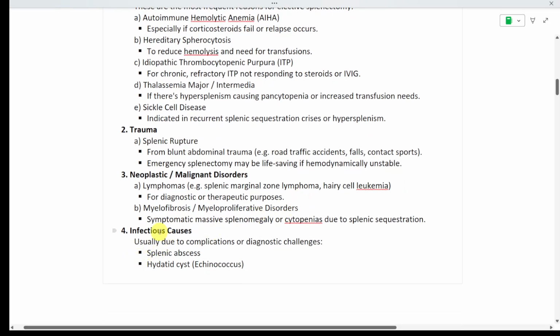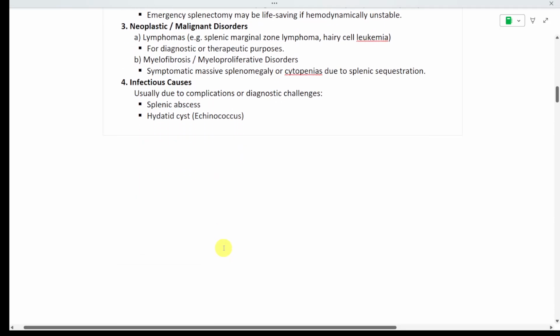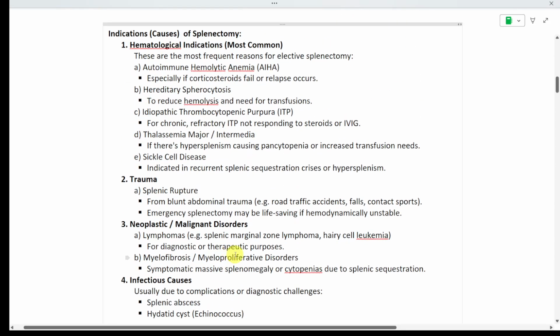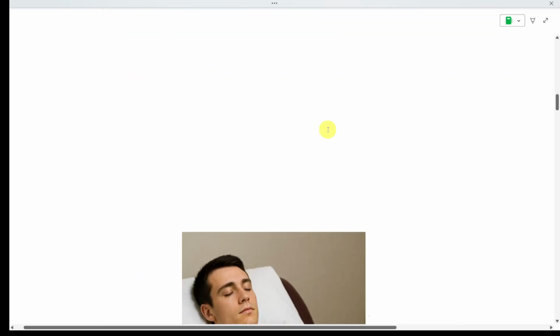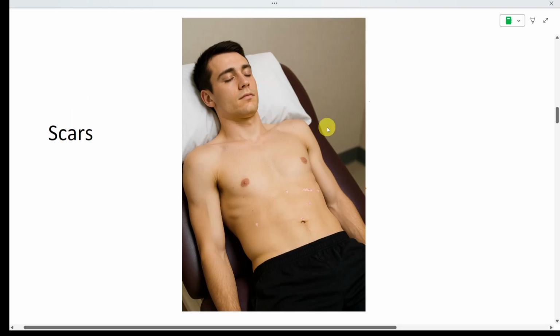And in rare cases it could be due to some infectious causes such as splenic abscesses as well as hydatid cysts. So just keep these causes in mind. If you do have all these causes in mind, you will know what to look for when you are doing the examination, and then we will proceed with our examination in the same steps.